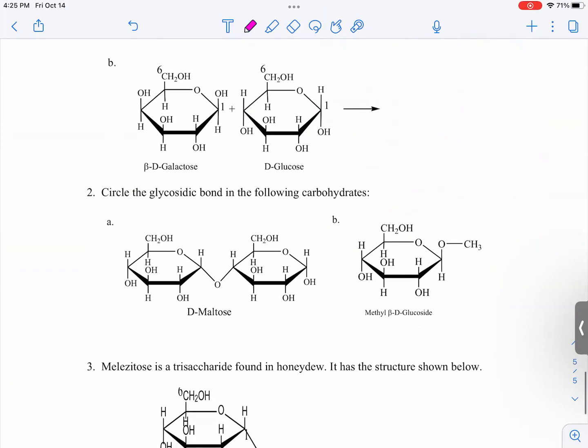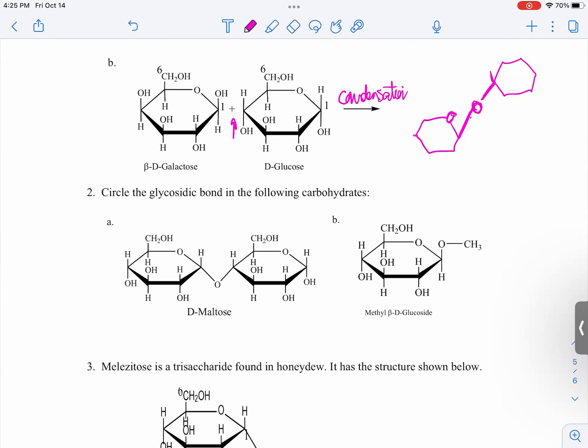All right, let's do B. Okay, you guys are getting this, I bet. So this is going to be, right, we're adding these together, condensing them. That's condensation. Okay, we have, let's draw our rings, right? So we know this is where we had our hydroxyl. Okay, this is where we're going to have that bond between the two sugars. So, all right, we're going to draw our other ring now attached.